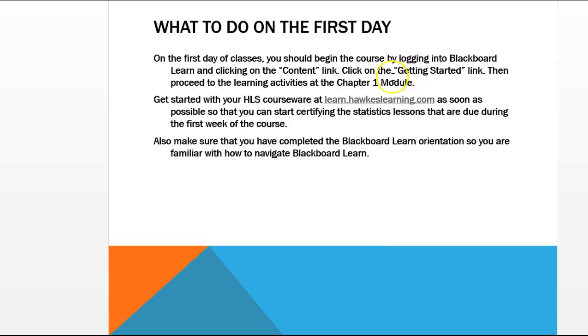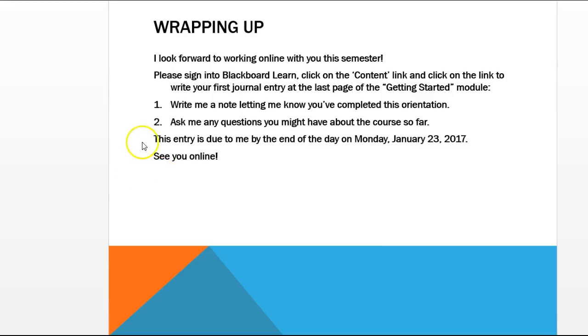Click on the Getting Started link and proceed through the learning activities for the Chapter 1 module. You want to get started with your HLS courseware at learn.hoxlearning.com. Once you've completed the Blackboard Learn orientation, you will also be familiar with how to navigate through Blackboard Learn.